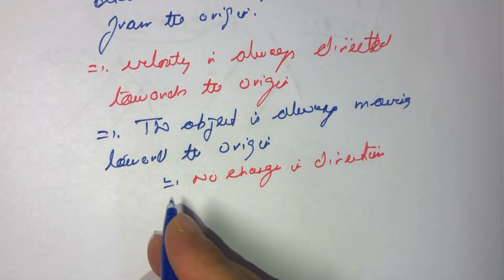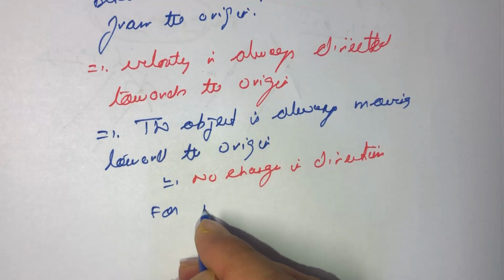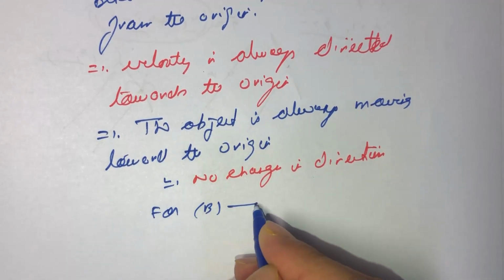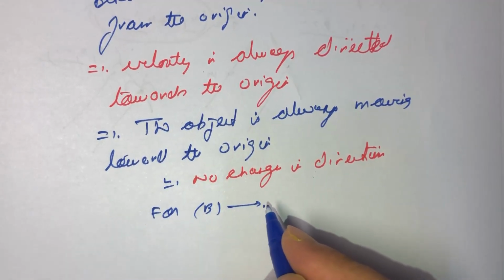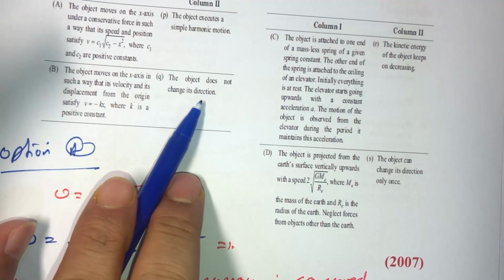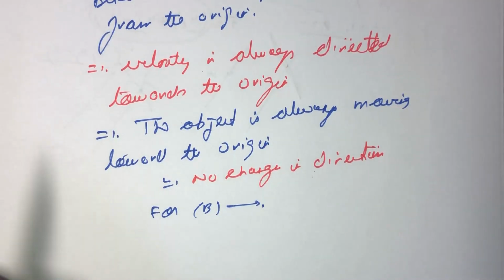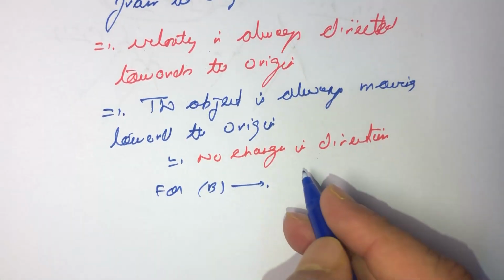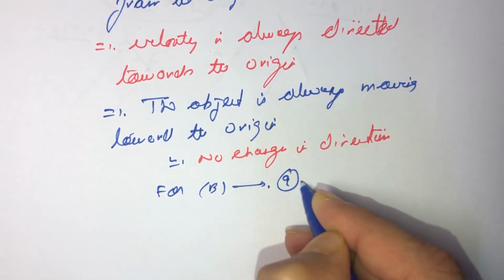So we can say for B, option number Q is the correct one, because it says that there is no change in direction. So you can say it is our Q.